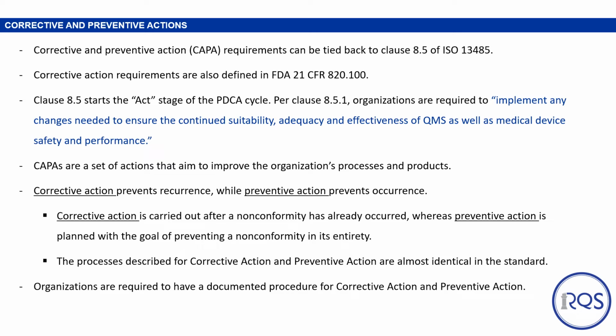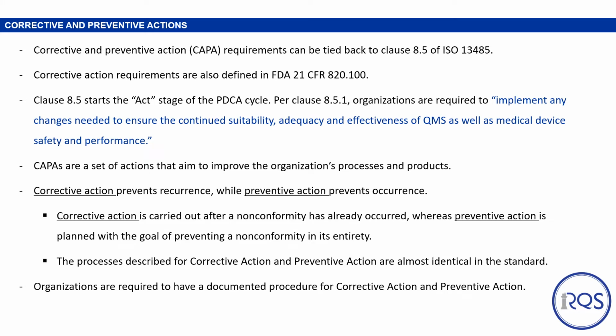CAPAs are a set of actions that aim to improve the organization's processes and products. Corrective action prevents recurrence, while preventive action prevents occurrence. Corrective action is carried out after a nonconformity has already occurred, whereas preventive action is planned with the goal of preventing a nonconformity in its entirety.